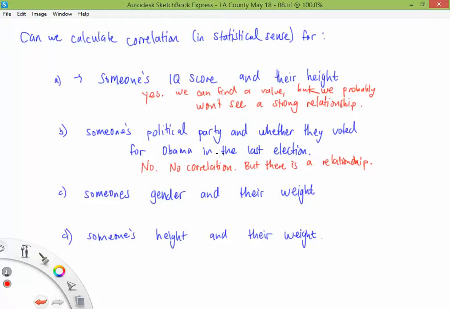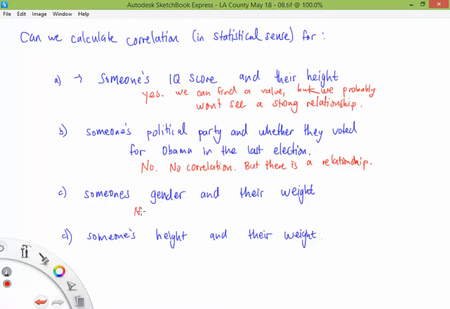But is there a relationship? There's definitely some kind of trend, but we can't talk about it in correlation in the statistical sense, okay? But in the general day-to-day sense, could someone say there's a correlation between political party and whether they voted for Obama? Yeah, in the day-to-day sense, that's fine. Statistical sense, no. What about someone's gender and their weight?